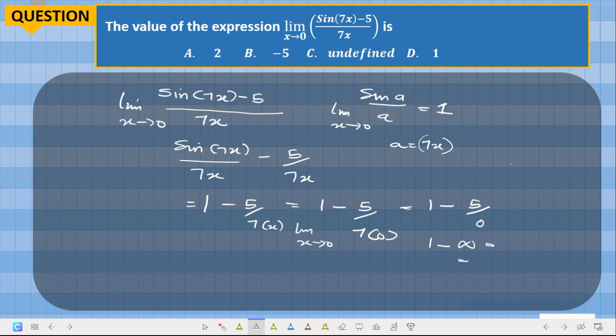I think it equals to 1 because we don't know that value there. So let's say 1 minus 0. So the correct answer to this question is what? D, which is 1. Okay, now let's take the next question.